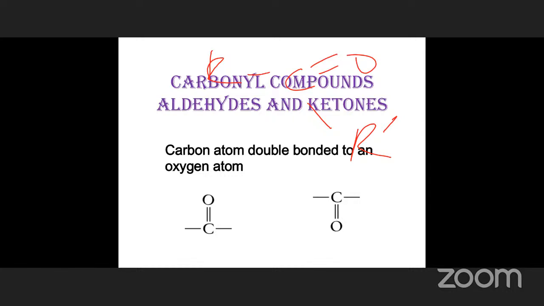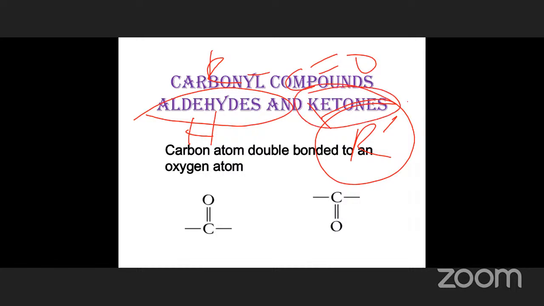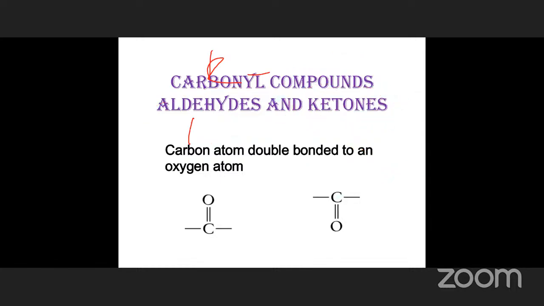Okay, so there are 2 types. When this R is equal to H, they are called aldehydes. But when the R is not H and is other substituents like aliphatic groups, methyl, ethyl, or aromatic groups, phenyl, and all the rest, we call them ketones. So those are the ones we're going to be looking at today.